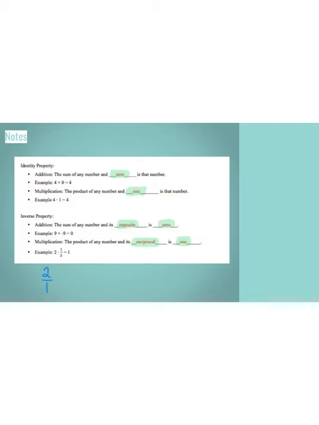And then to find the reciprocal, all we would do is flip those two numbers around. So the reciprocal of two wholes is 1/2. And when we multiply those together, it equals 1.